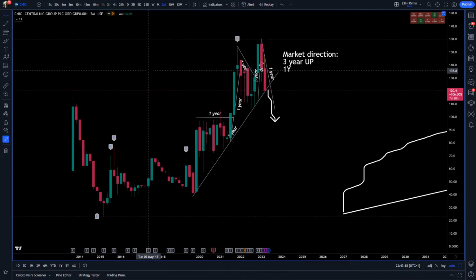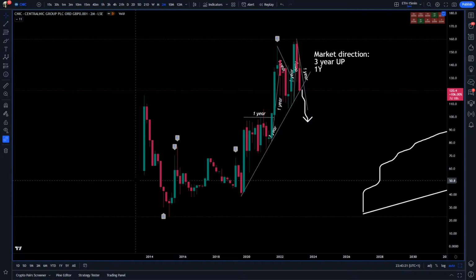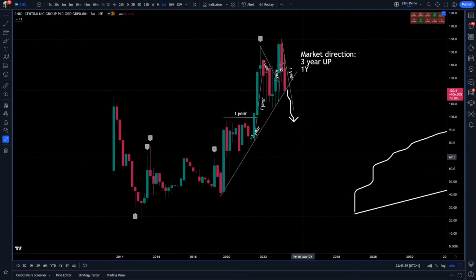But because there's not enough data of the market, it needs to be longer. If there's enough data over here, then the indicator will tell you whether the yearly is going up or going down.